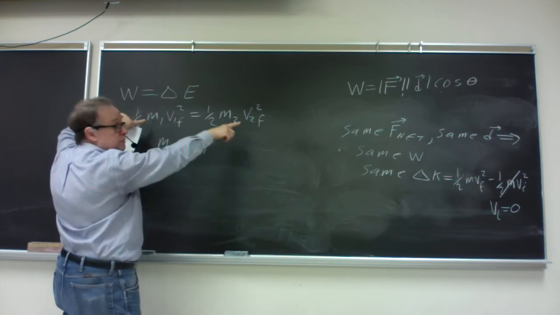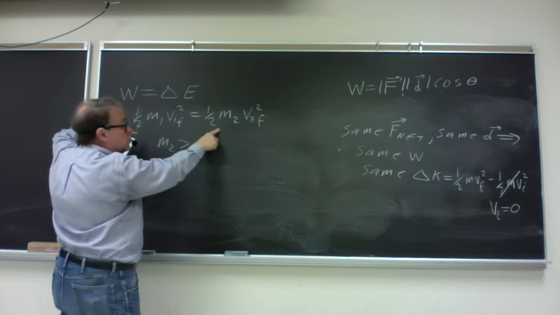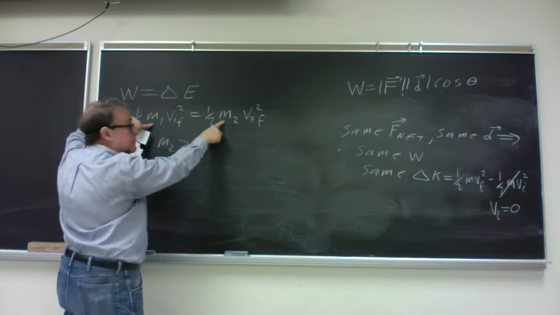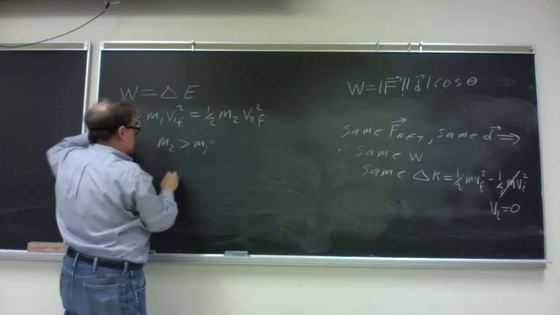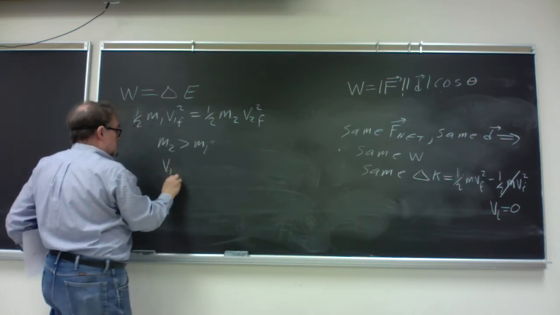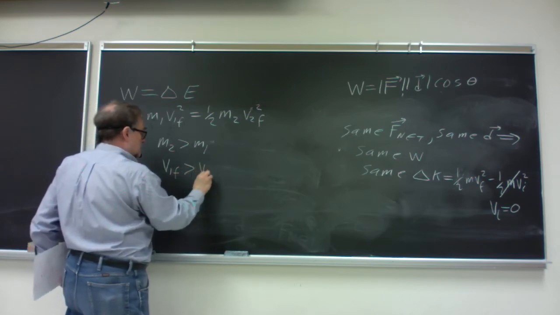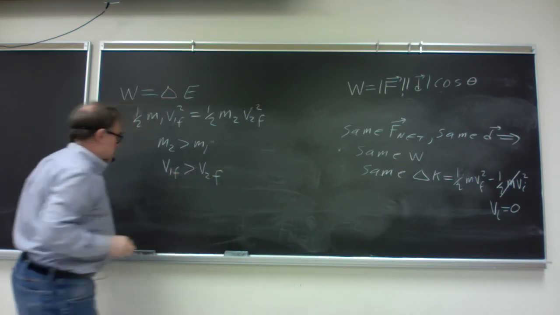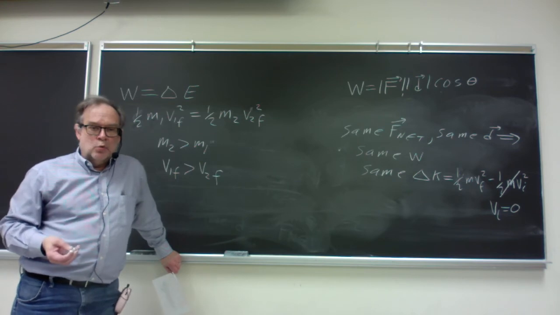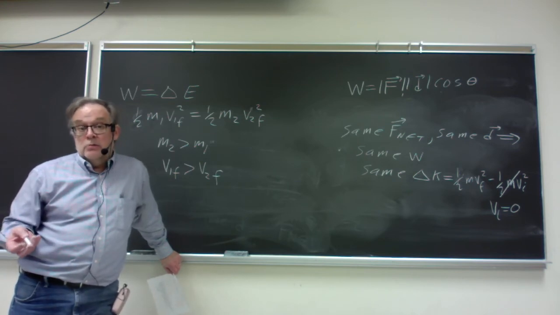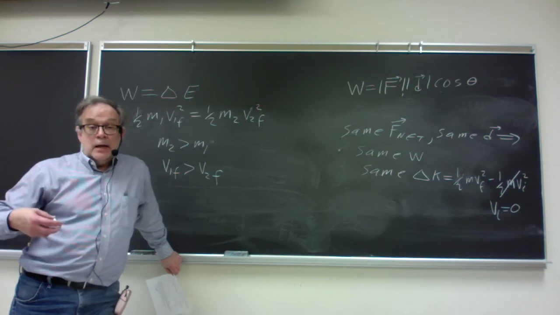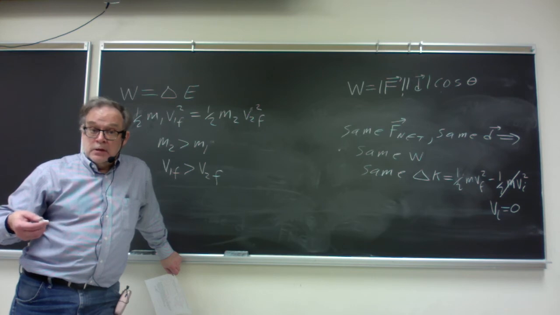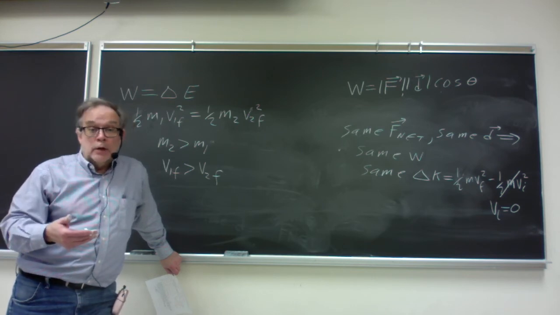So in order to make both sides of the equation equal, if this thing is bigger than this thing, then this thing has to be smaller than this thing. The first car speeds up more, the first car accelerated more, and so ends up at a higher speed. And that's not surprising. That's exactly what we would expect, even if we weren't thinking at all about energy.